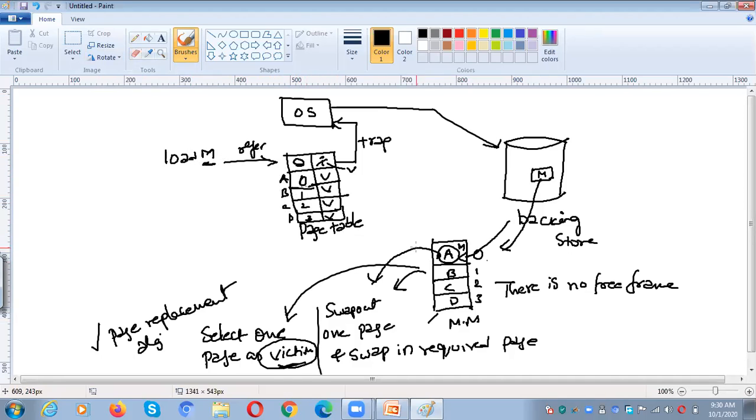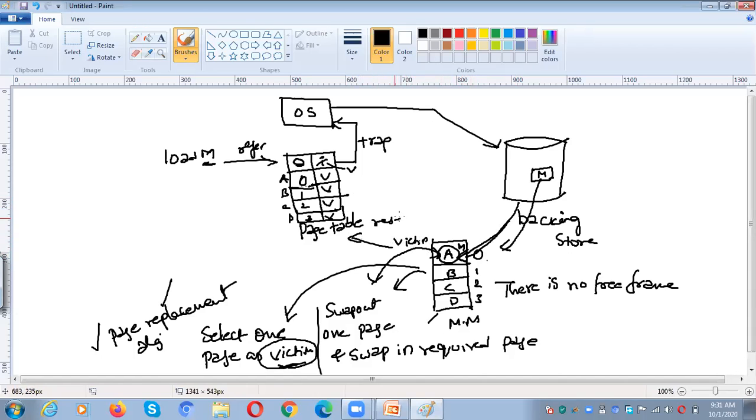So now there is no free frame. That is the reason why, by using a page replacement algorithm, we choose A, the first page, as the victim page. We need to replace A with M. So we keep M into the main memory and we need to update the page table.